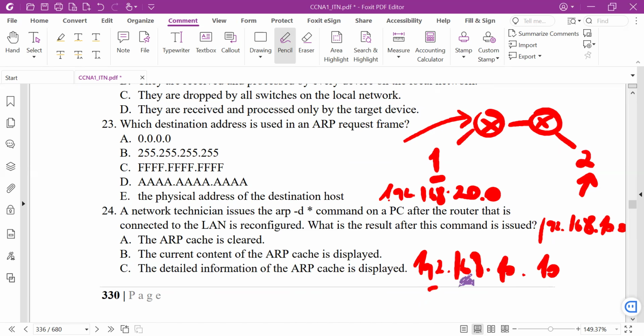The reason it is sent there is that the network ID here is different from the network ID here. Therefore, a packet is sent to the default route, and the default route sends it to the default gateway.